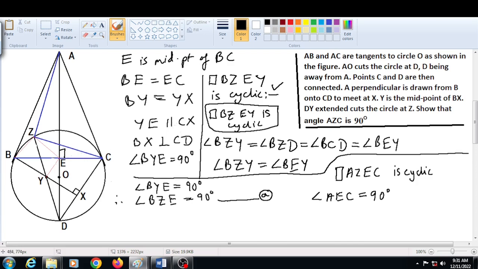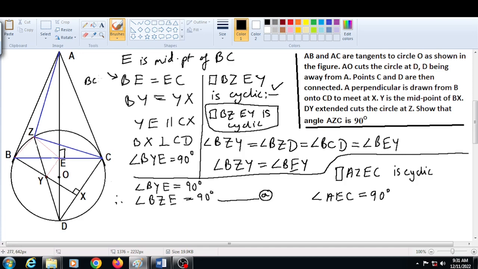Did I mention this anywhere before? While I mentioned BE is equal to EC, I should have mentioned one more fact which comes from symmetry, the fact that BC is perpendicular to AE.